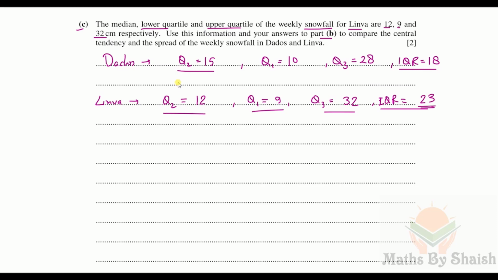So we can say on average the snowfall in DDoS is more than the snowfall in Linwa.